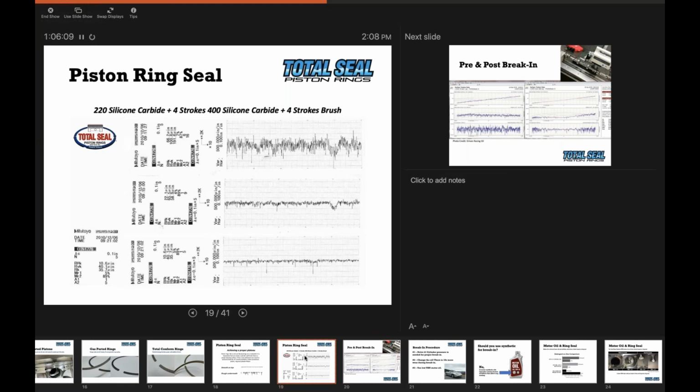That way you've got the right finish near TDC, and you have a finish that can provide the most protection and the best sealing performance for the entire length of travel, even if you don't need it.